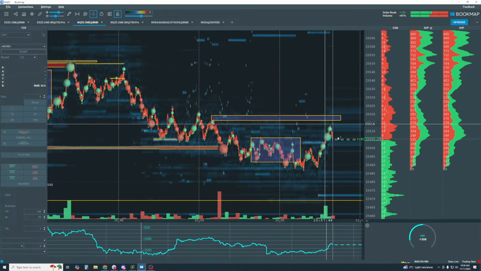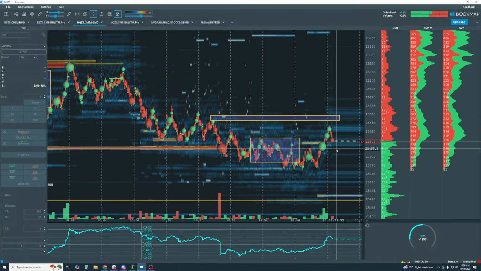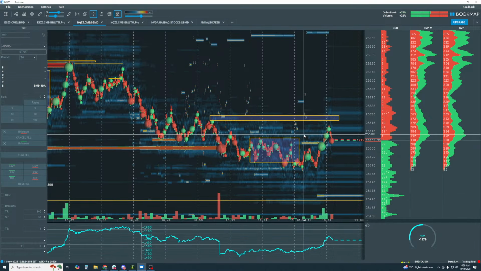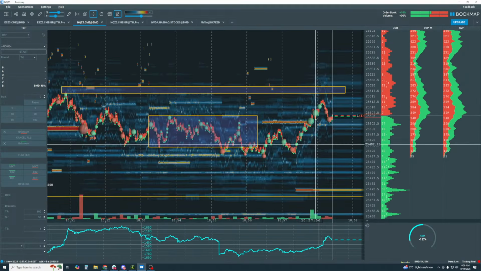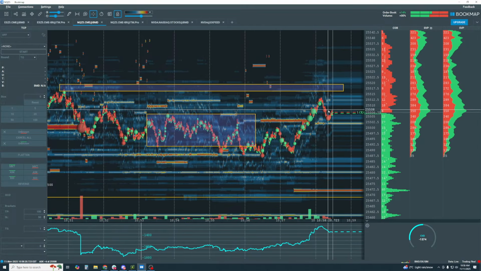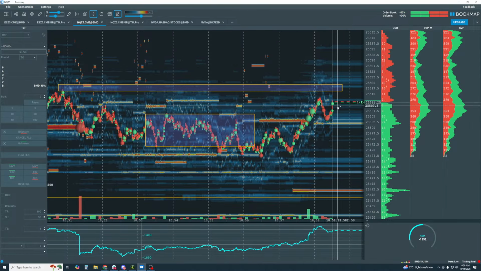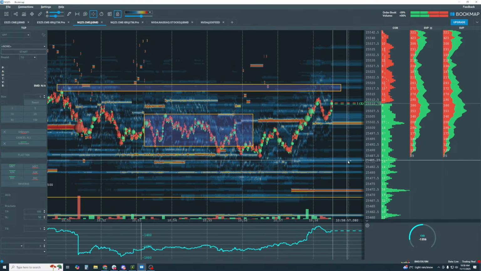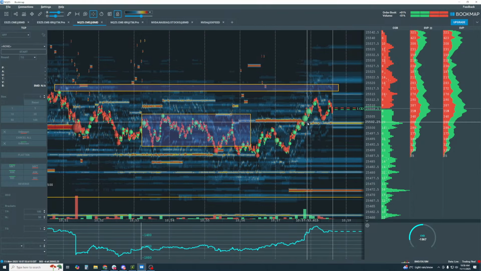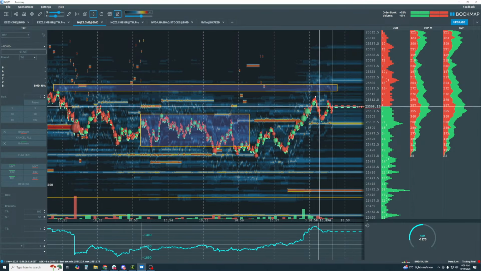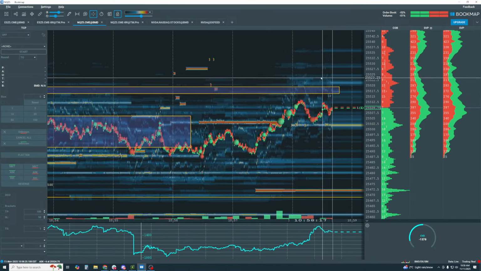If they can't, and we start to roll over again, I'd look for a continuation to the downside. So we might get that double top in here yet again. Or maybe at this point, below the figure, we get buyers back up above 25,500.